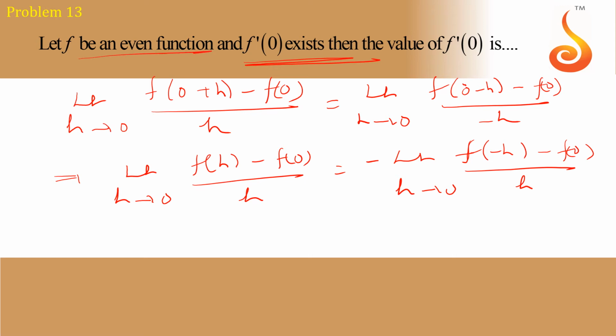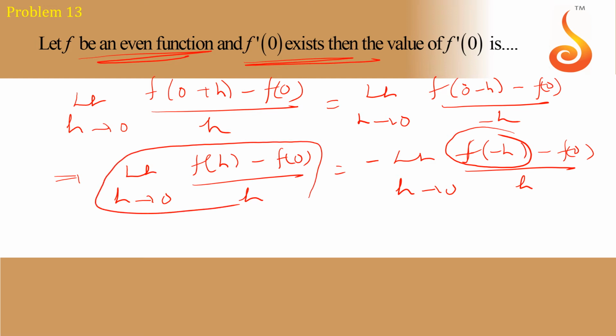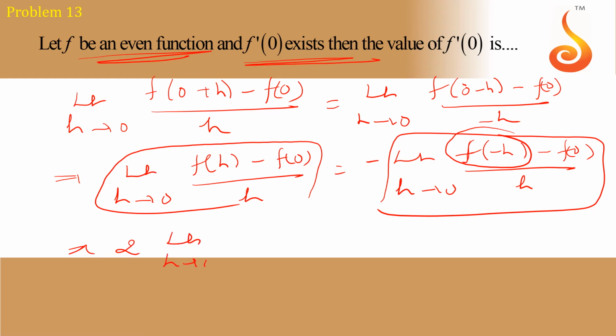Since it is an even function, can I say this f of minus h is nothing but f of h only? Then these two are becoming same, no? So can I write this as 2 times limit h tends to 0, f of h minus f of 0 by h is becoming 0.